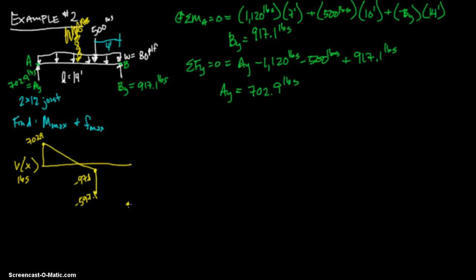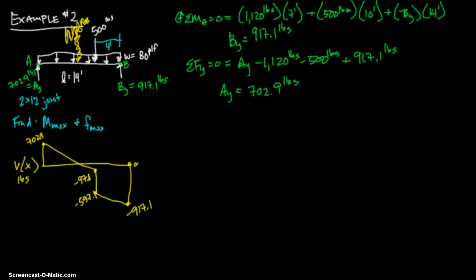I messed that up, we should have 320, so that's 320 plus 597.1, and we have negative 917.1. And then 917.1 goes up, and you get 0. Alright, there's our shear diagram.